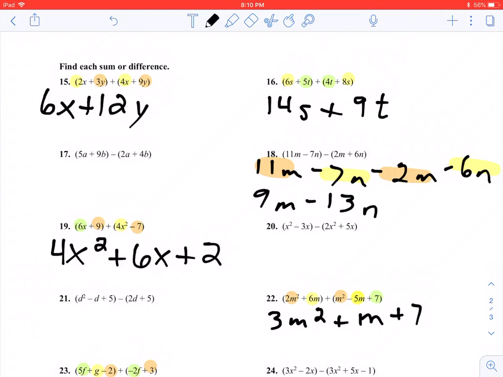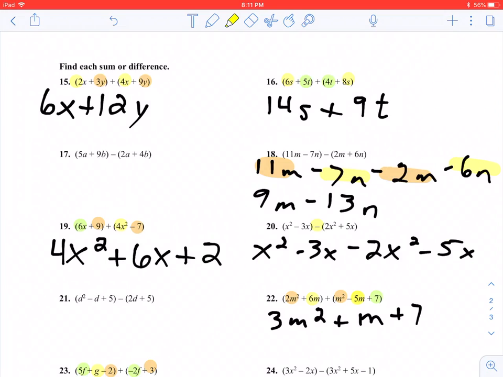Number 20, same as the last one. We've got to distribute this negative that is right there to both things that are in the second set of parentheses. So we have x squared minus 3x, and then we have minus 2x squared, and then minus 5x, because that negative 1 distributes to everything in the set of parentheses.